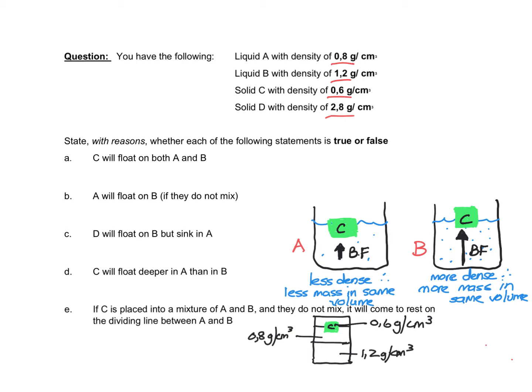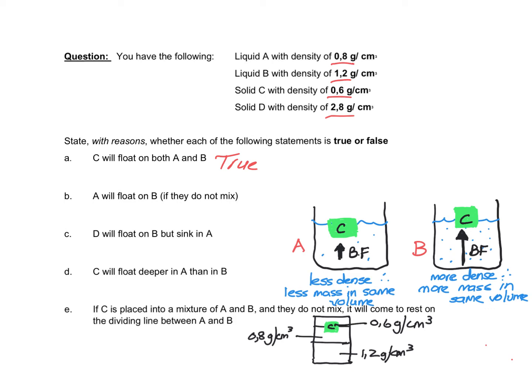Now, C has got a density of 0.6, A has got a greater density, 0.8, and B has got a greater density as well. So yes, the answer is true. C, because it's got the smallest density, will float on both A and B. And let's look at number B. Will A float on B if they don't mix?